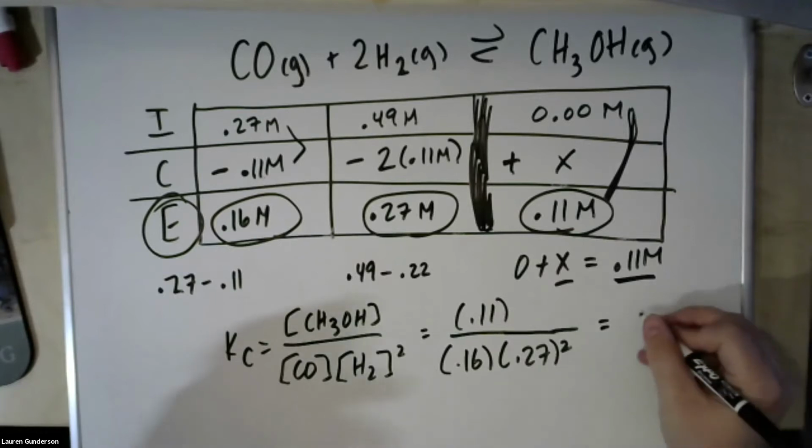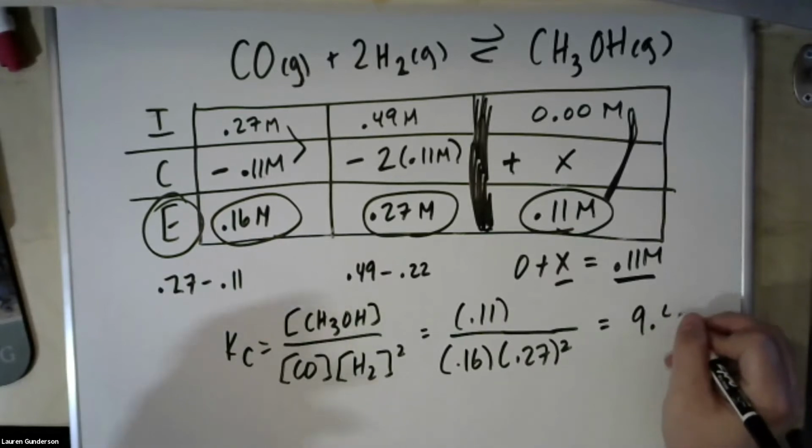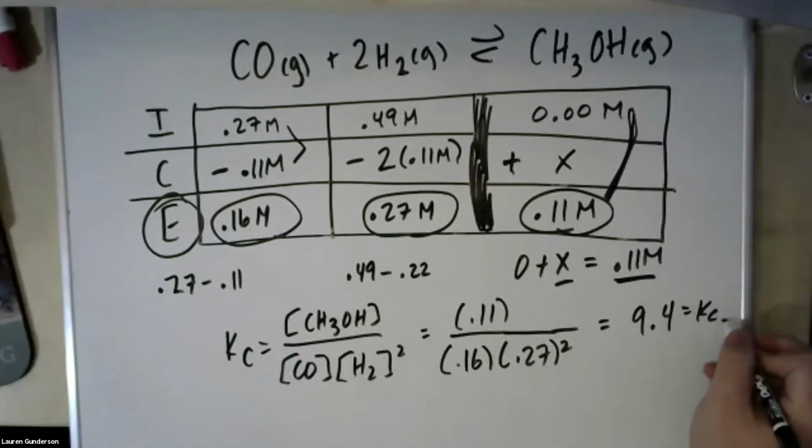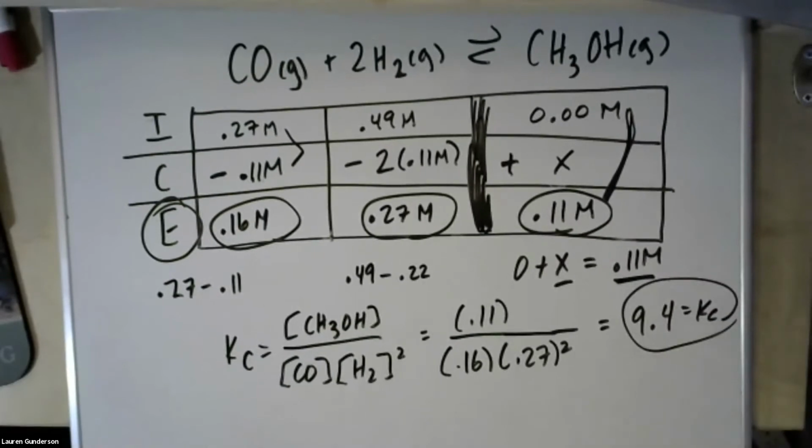And we get 9.4, 2 sig figs. So that's our Kc here, 9.4.